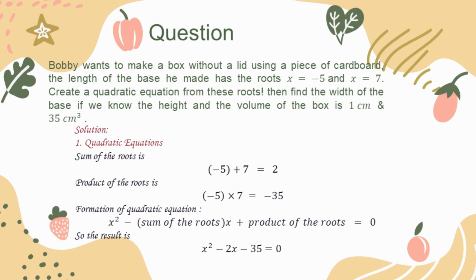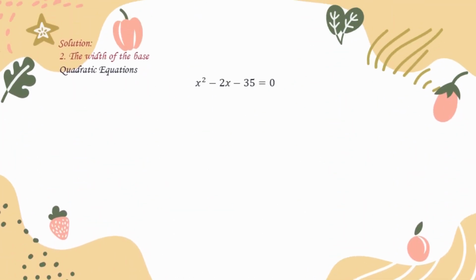And second, we should find the width of the base. Previously we found that the quadratic equation of these roots is x squared minus 2x minus 35 equals 0. We move minus 35 to the right side. So we got x squared minus 2x equals 35.